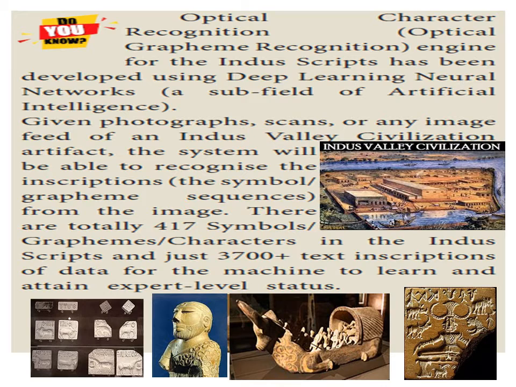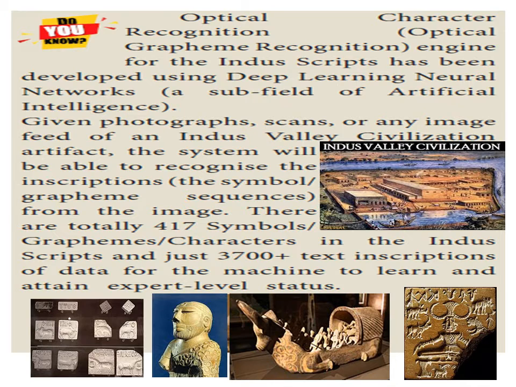Given photographs, scans, or any image feed of an Indus Valley civilization artifact, the system will be able to recognize the inscription, that is a symbol, the grapheme sequence from the image. Children, there are totally 417 symbols or graphemes or characters in the Indus scripts and just 37,000 plus text inscriptions of data just for the machine to learn and attain expert level status.